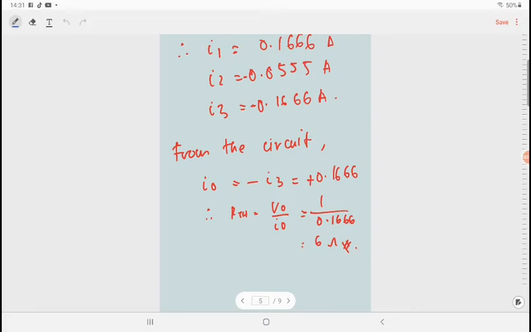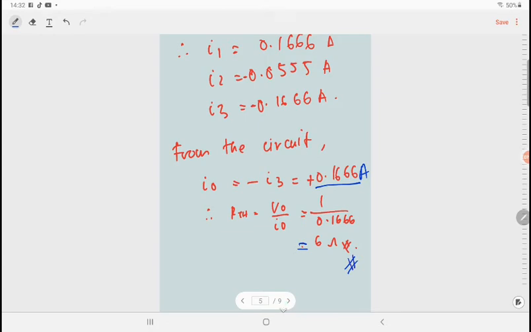Therefore, I naught equal to positive 0.166 ampere. So we can calculate the value of RTH, which is V naught divided by I naught, which is 1 divided by 0.166 ampere, equal to 6 ohms. So our RTH is equal to 6 ohms.